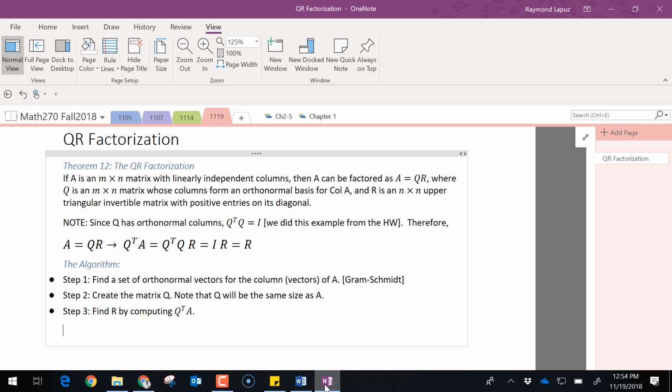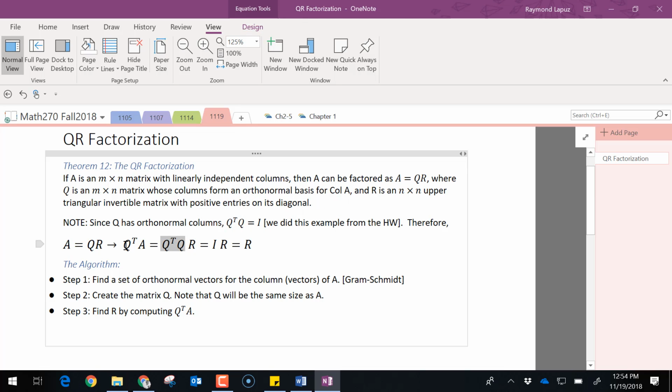So some facts, I think we said this already, I hope we did: if you have an orthogonal matrix, a matrix with orthonormal columns, then its inverse is just the transpose. And so when you multiply the transpose of Q with Q, you get the identity.